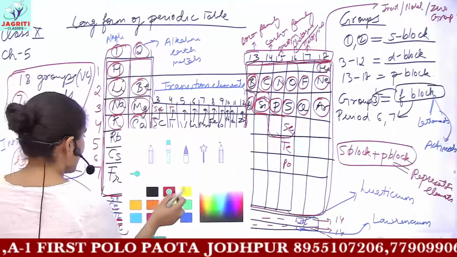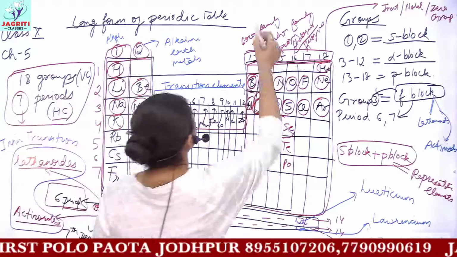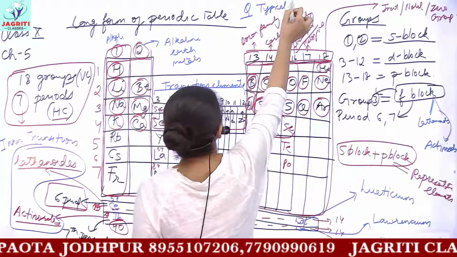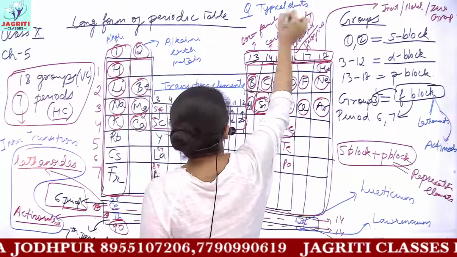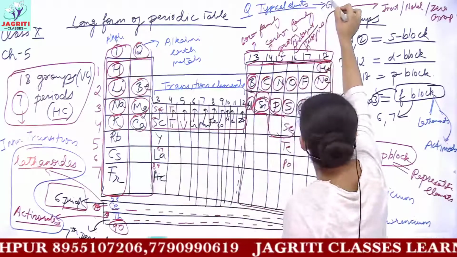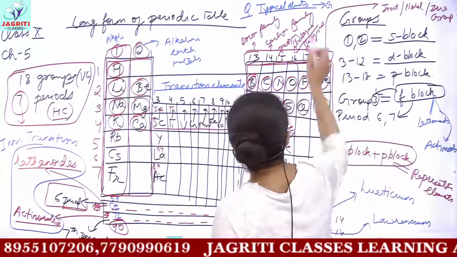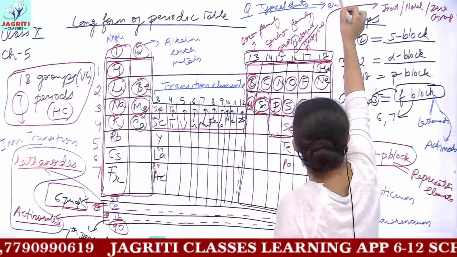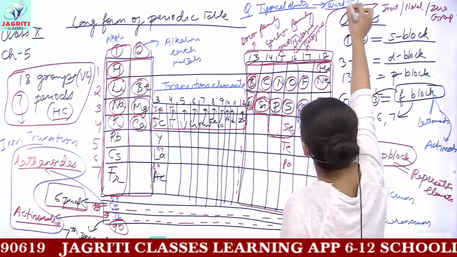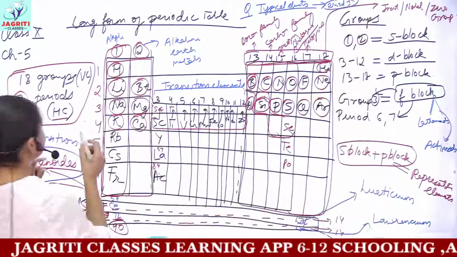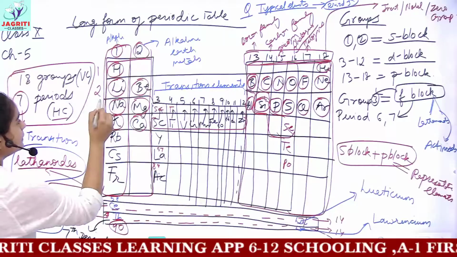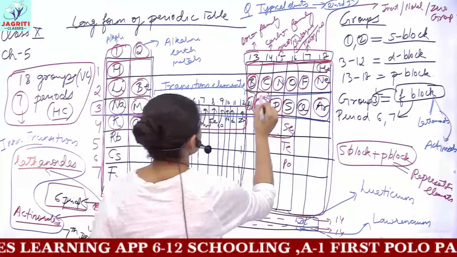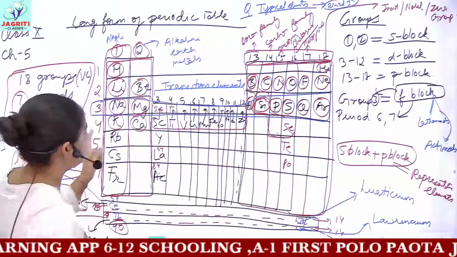Then you also have one more term: what do you mean by typical elements? All the elements coming in your third period are called typical elements. This is your period 3, and these are the numbers of periods. You can skip this D block.